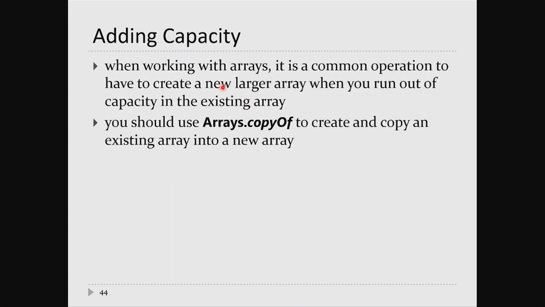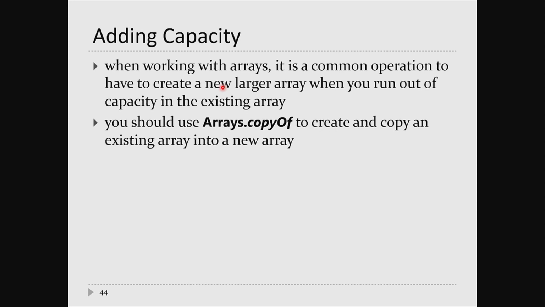Now, whenever you do something with an array in Java, unless you decide that your collection, or whatever it is you're implementing, should have a fixed size, it's a common thing that you have to reallocate, so make a larger array when you run out of capacity in the existing array.